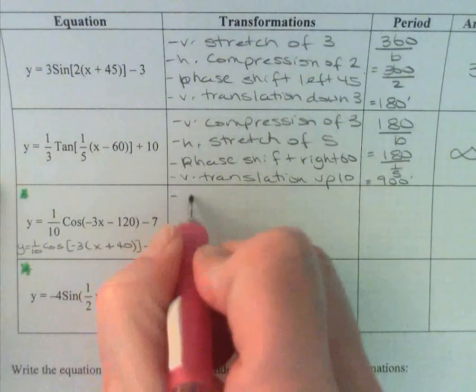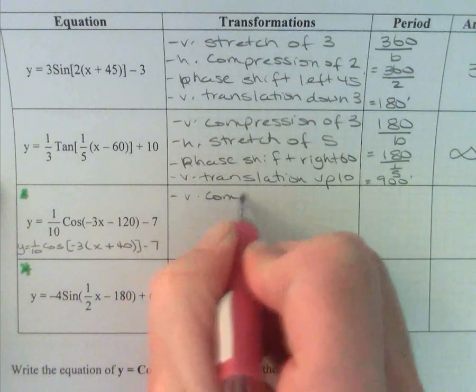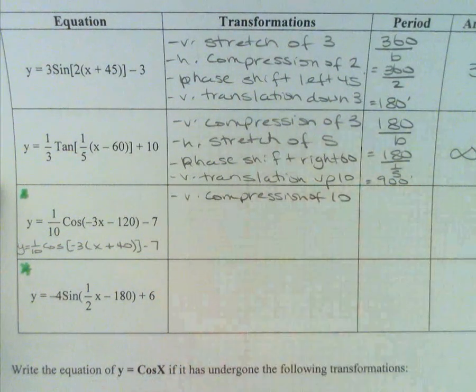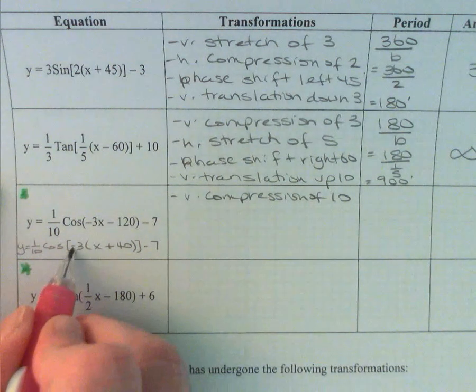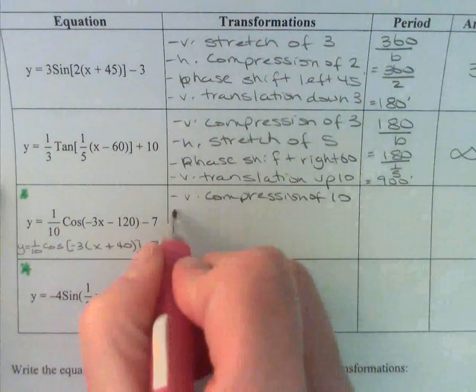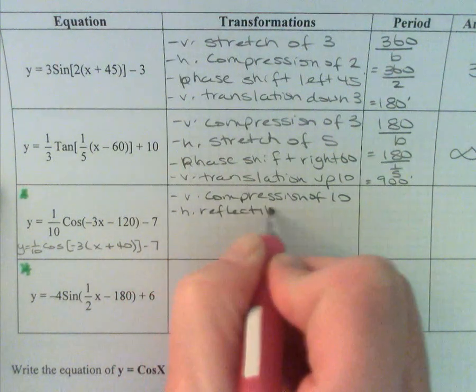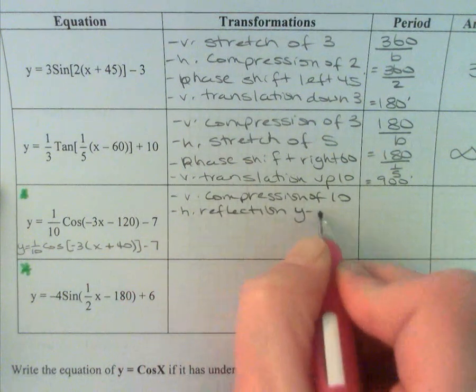So I have a vertical compression of 10. I now have, with this negative, a horizontal reflection in the y-axis.